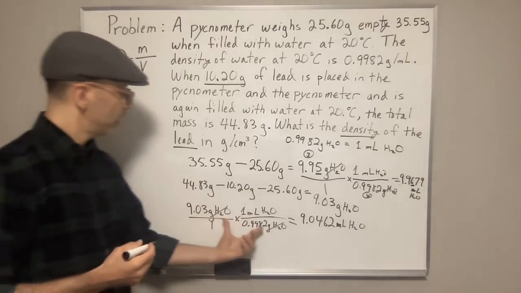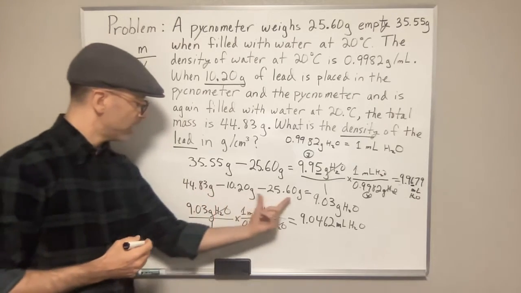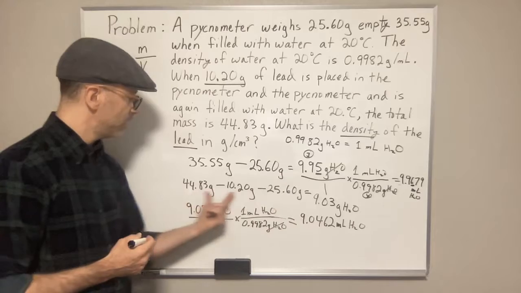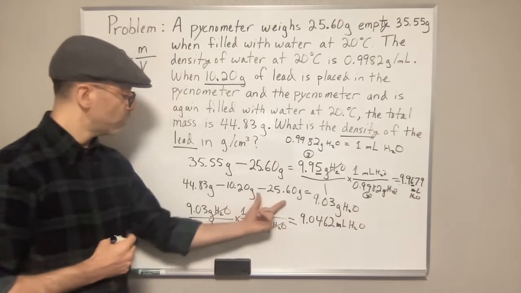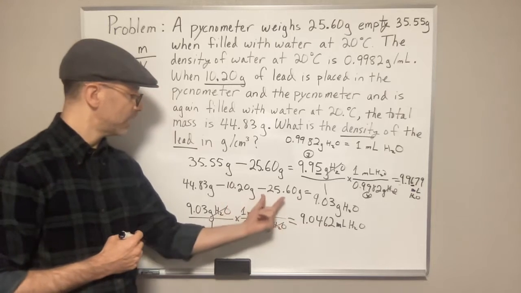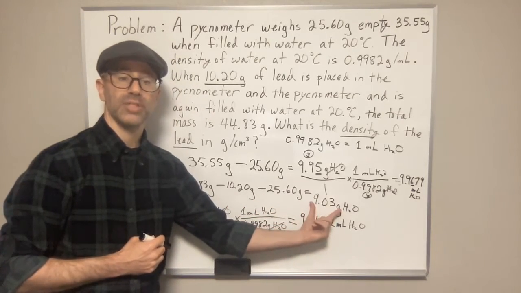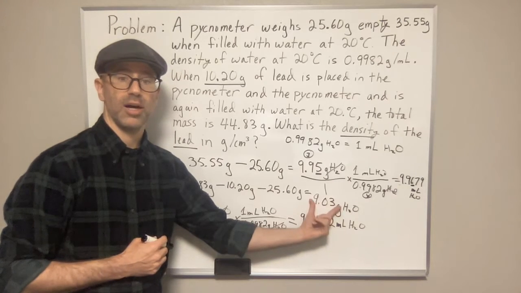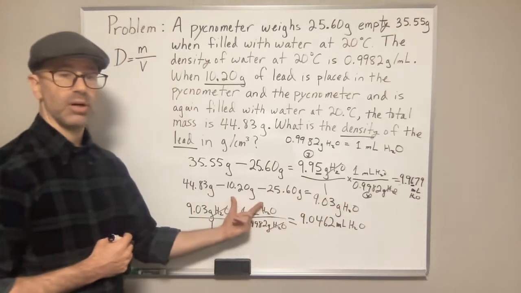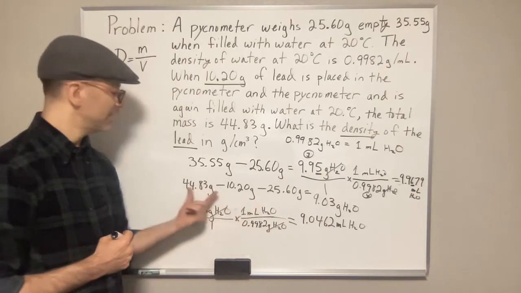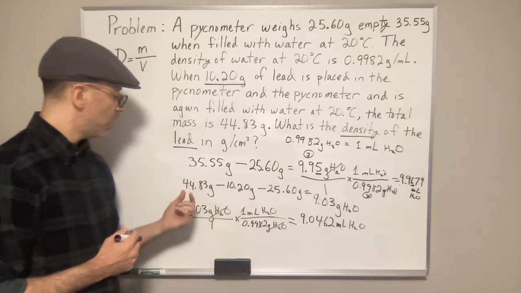And again, I want to keep track of sig figs here. So here again with the subtraction, I need to know how many digits I can keep. The rule for adding and subtracting is that the number of decimal places in my answer should be the same as the number of decimal places of the least precise number.